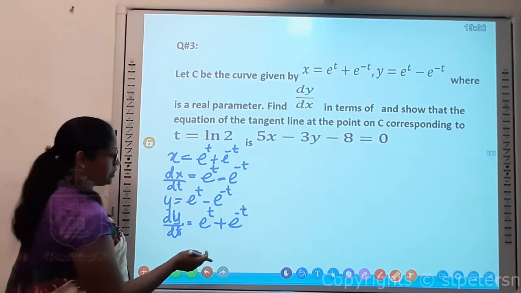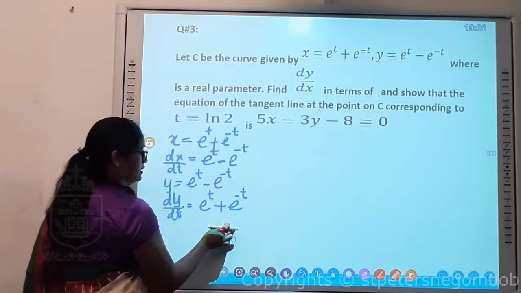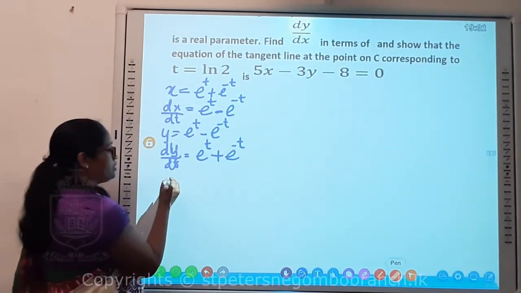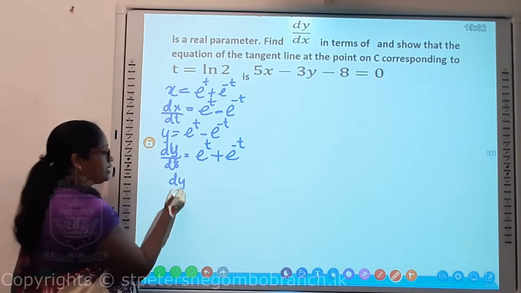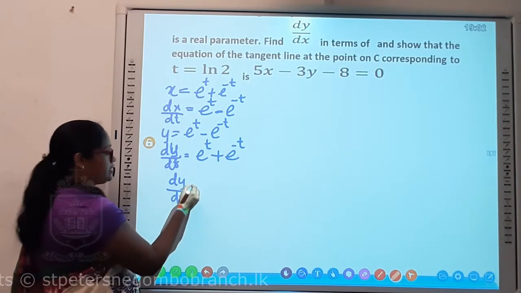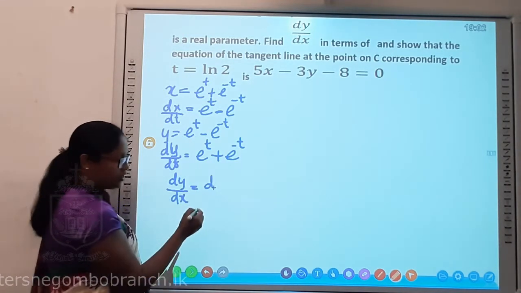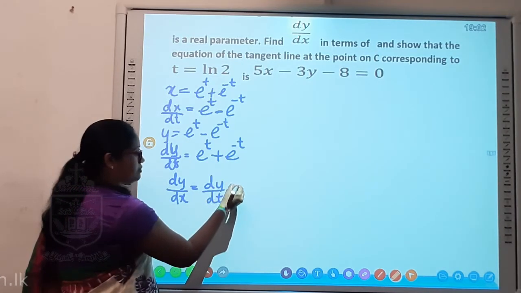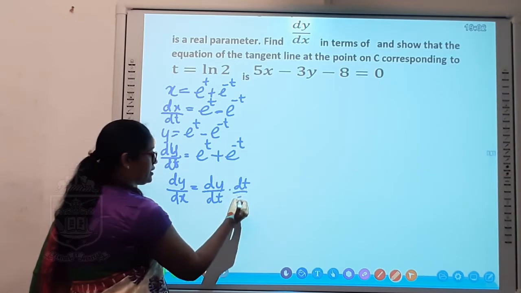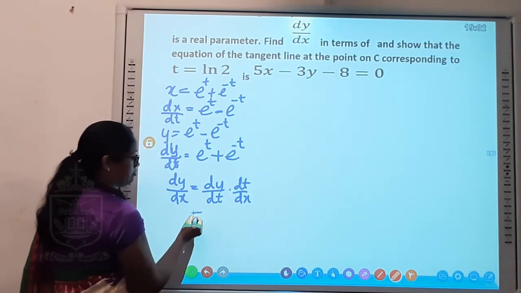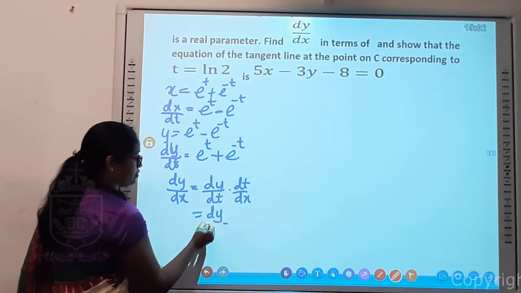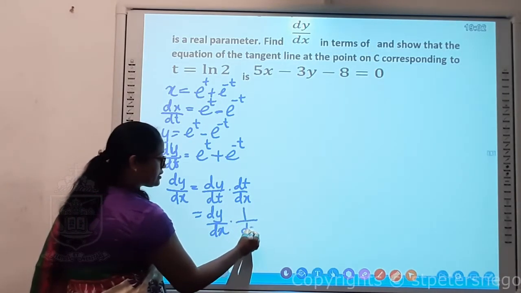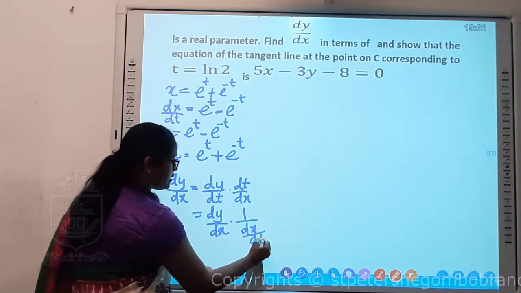We'll try to find dy over dx. So dy over dx is equal to, I'm applying the chain rule here, dy over dt times dt over dx. So this can be written as dy over dt times 1 over dx over dt.